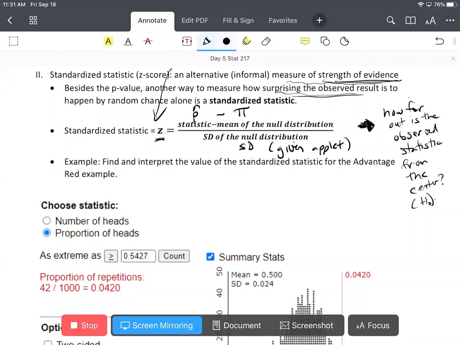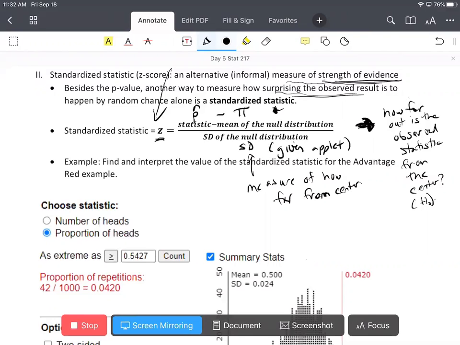So remember, standard deviation is a measure of how far from the center we are. If you want to pause and write this down, this z-score gives us a standardized number, because it takes into account the difference between p hat and the null hypothesis value, and we divide it by the standard deviation.